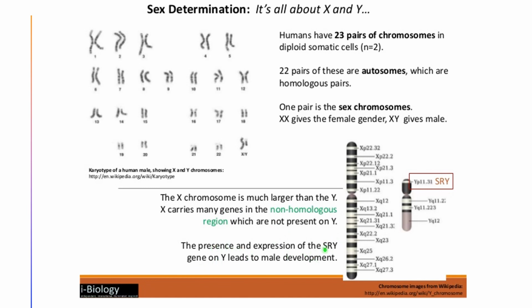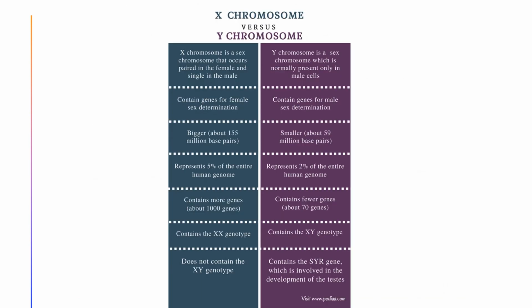What is the SRY gene? There is a sex determining region present on the Y chromosome that carries a particular gene. It's called the SRY gene, and on the Y chromosome it leads to male development. So I want to show over here about homologous and non-homologous regions, so I took out this picture.